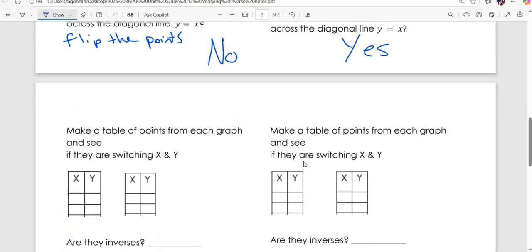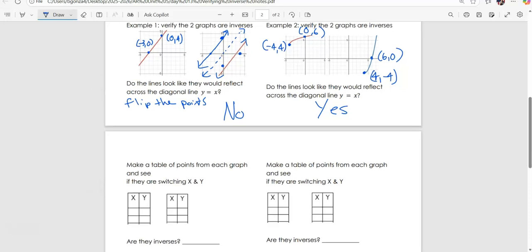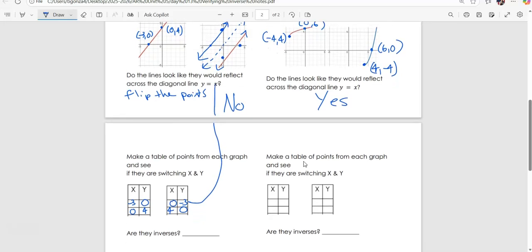Okay, what I did up here is what you're doing on the back. So I'm going to show you the whole thing. Okay, so flip it over. I just want you to see what they did was they took 2 points like I did already up here, -3, 0, 0, 4, flipped it around, 0, -3, 4, 0. They don't match here.